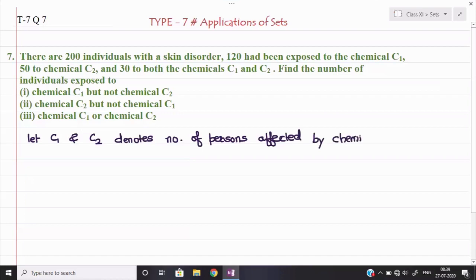You can suppose A and B also, that is not a problem.